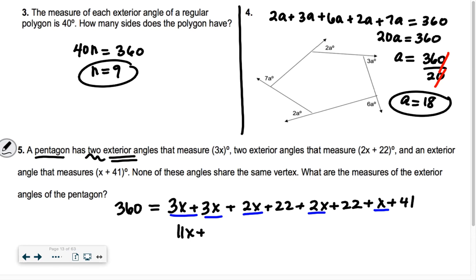And then I have 22 plus 22 plus 41, so 85. So I take my 360 minus my 85, and I get 275 equals 11x. So I get x equals 25.